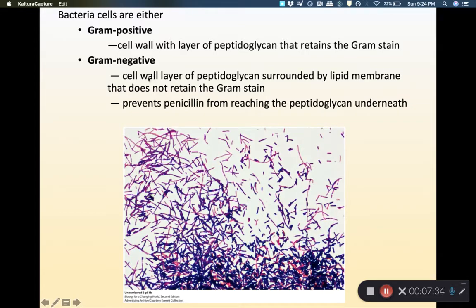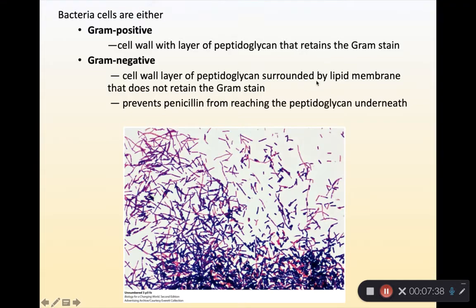In gram-negative bacteria, the cell wall of peptidoglycan is surrounded by a lipid membrane that does not retain the gram stain, and it prevents penicillin from reaching the peptidoglycan underneath. So here we have a structural difference that enables one class of antibiotic to act on a specific cell compared to another.